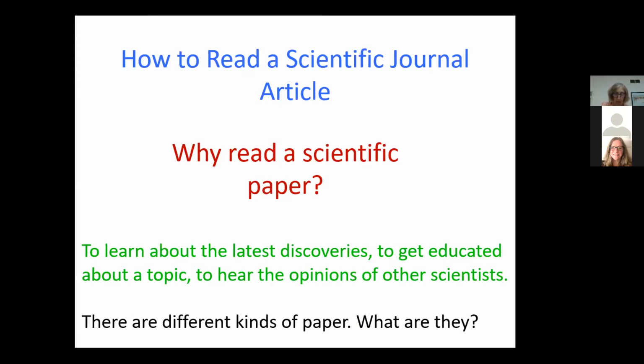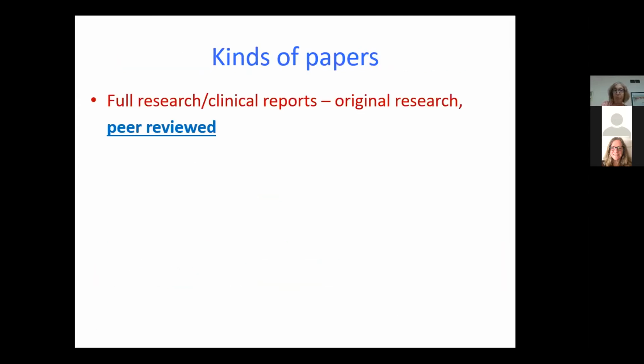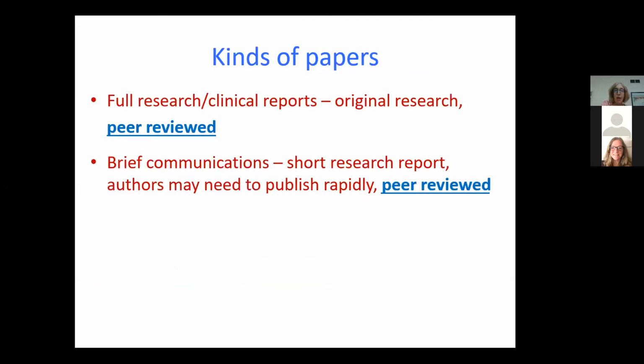And just like there are lots of different reasons for reading a paper, there are also different types of papers that have really quite different slants. So let's take a look at this. There are two types of papers that I kind of lump together as original research. You can have full research or clinical reports, because you have clinical research and basic science research, translational research.